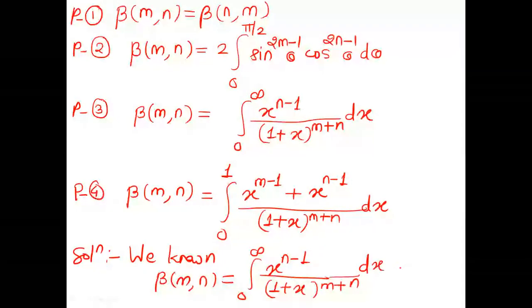Let's call it equation number 1. As our aim is to obtain the range 0 to 1, whereas the complete range here is from 0 to infinity, the portion which we want is from 0 to 1 only.